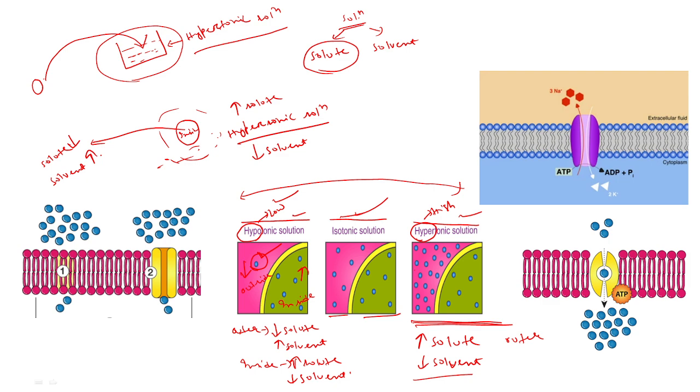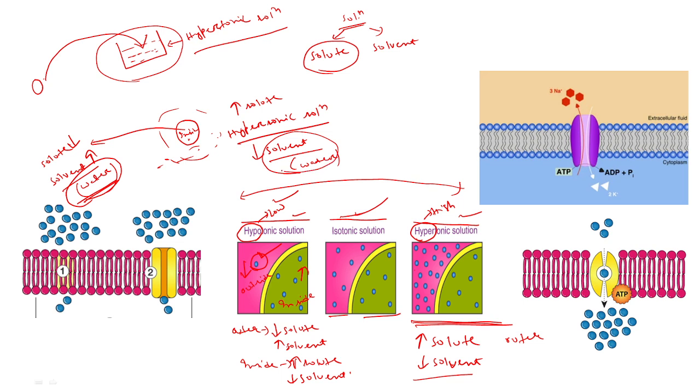So let us say the solvent is water. The water molecule is present, this is the solvent, means water. So now the water molecule is present in higher concentration inside and lower concentration at the outer side.